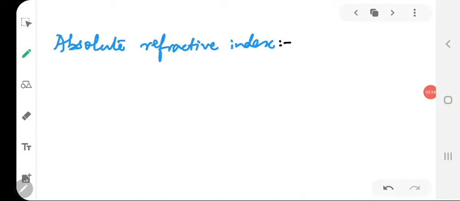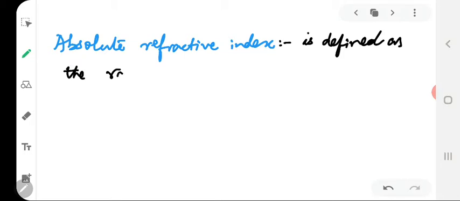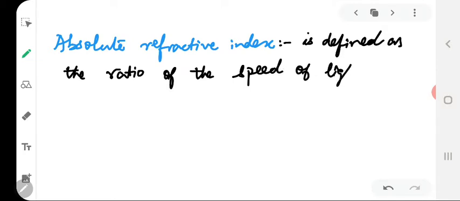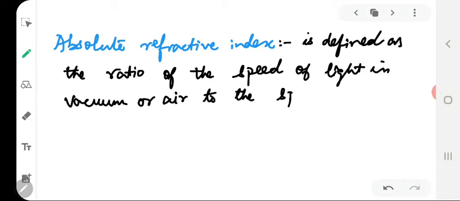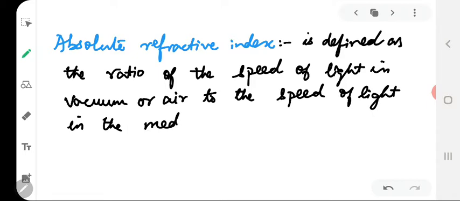So absolute refractive index of a medium is defined as the ratio of the speed of light in vacuum or air to the speed of light in the medium.